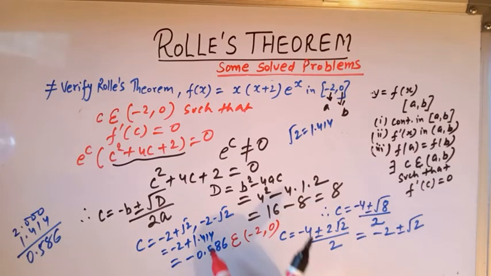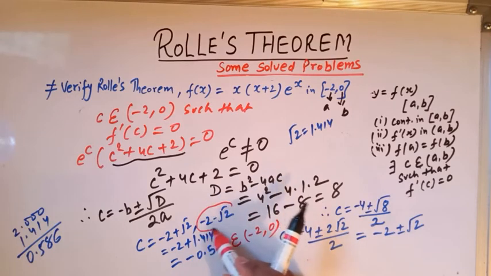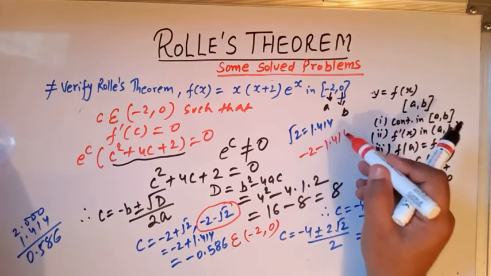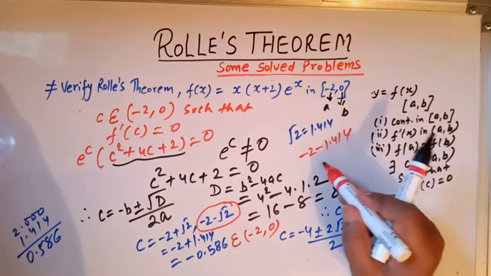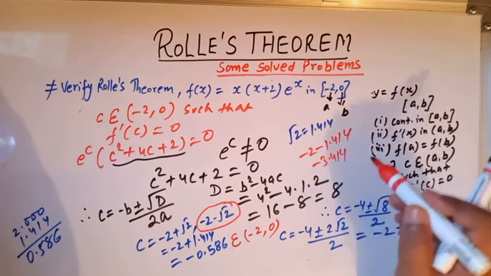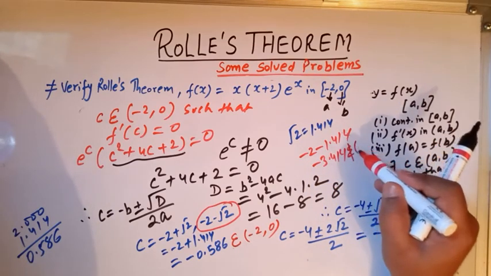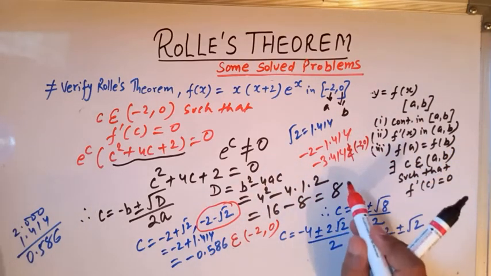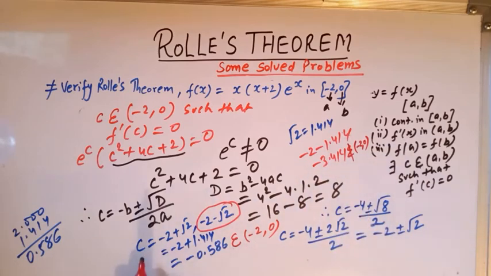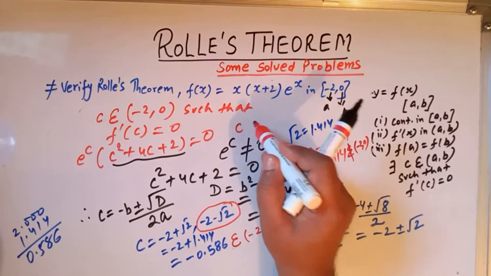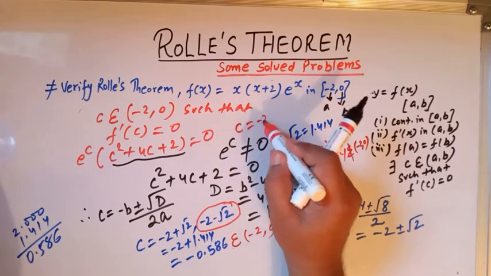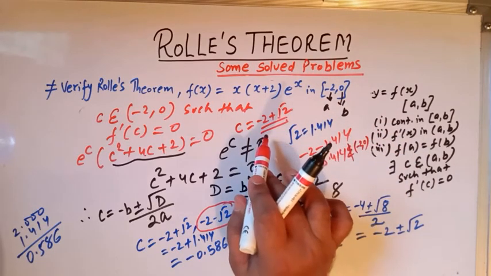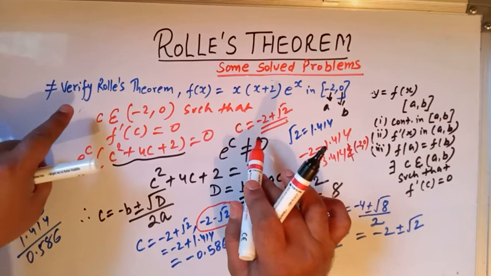Clear? And if we take the other value, this is minus 2 minus 1.414, and this is equal to minus 3.414, and this does not belong to minus 2 comma 0. So hence we can say that the acceptable value of c is minus 2 plus square root of 2. So this is the required value of c, which verifies Rolle's theorem.